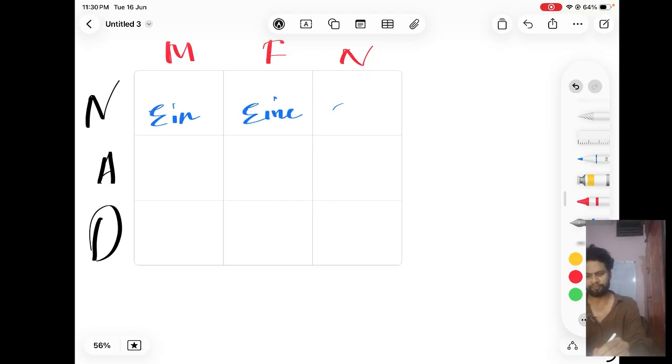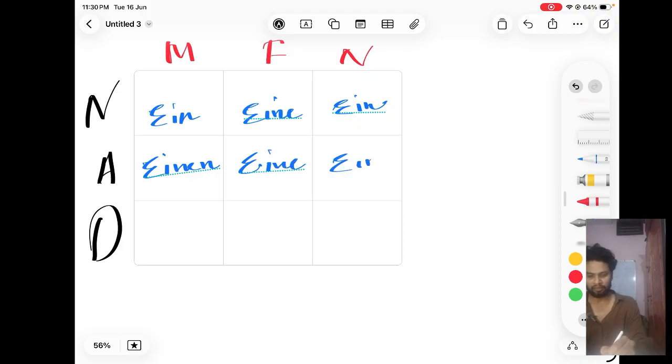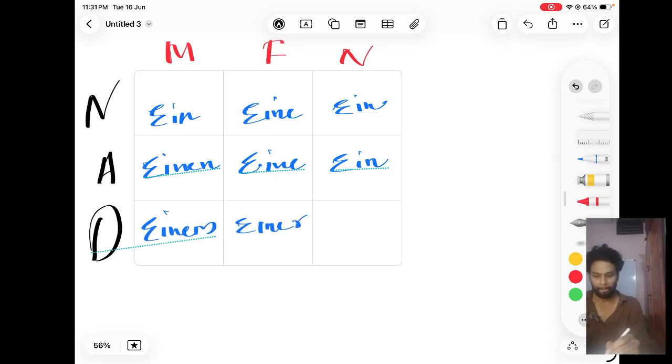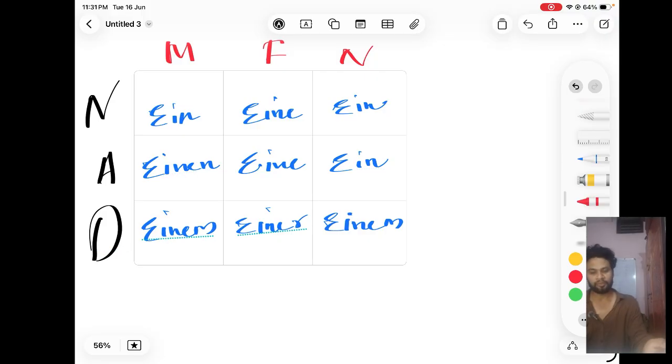So here: ein, eine, ein; einen, eine, ein; and einem, einer, einem. Is it clear?